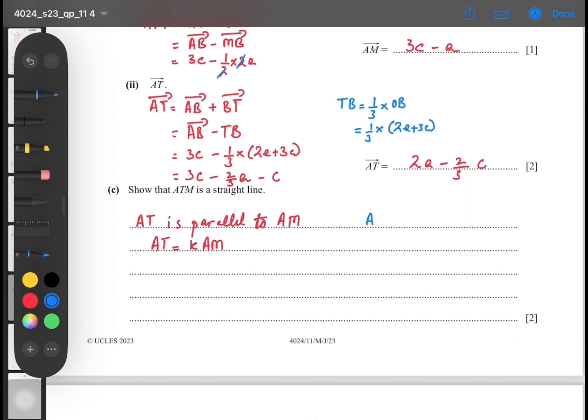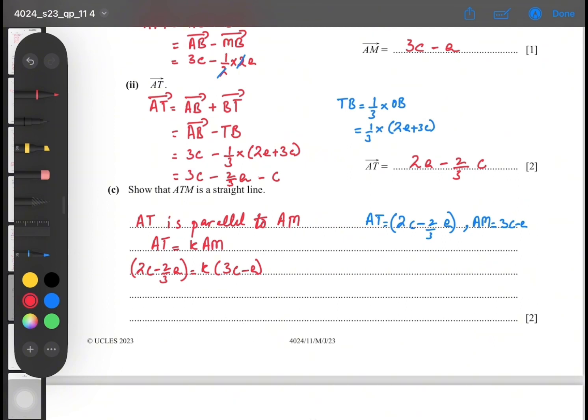So AT is 2C minus 2 over 3A and AM is 3C minus A. So just plug in the values. 2C minus 2 over 3A equals K into 3C minus A.